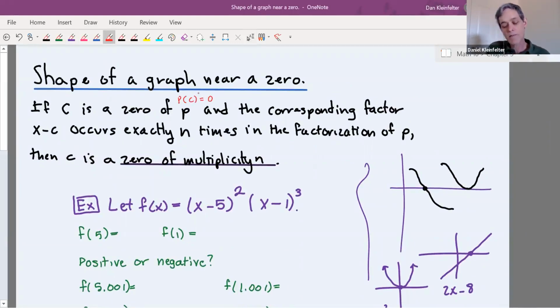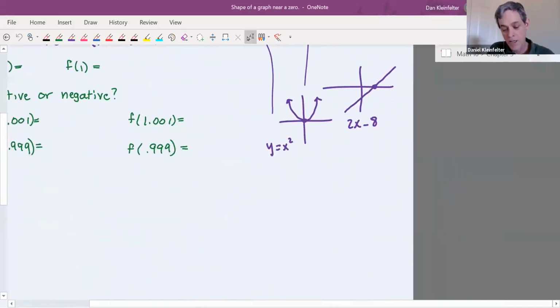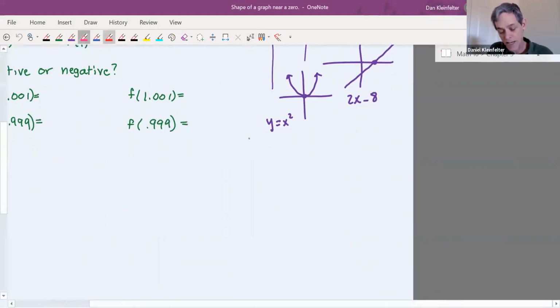If P of C is equal to 0 and the corresponding factor, x minus C, right, coming from that box of 4 statements I showed you, the corresponding factor x minus C occurs exactly n times in the factorization of P, then C is a 0 of multiplicity n. So what we're doing is we're defining this idea of a 0 with a certain multiplicity. So let me give you examples of that.